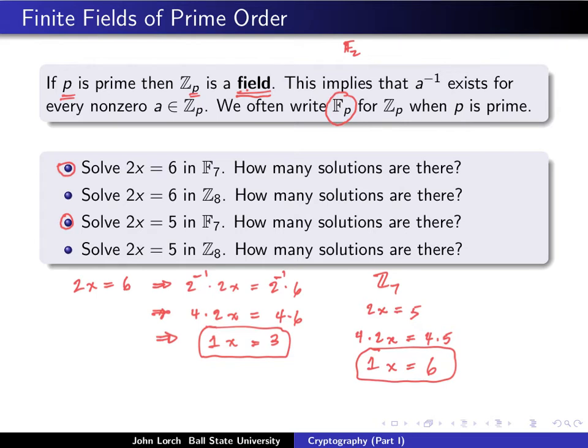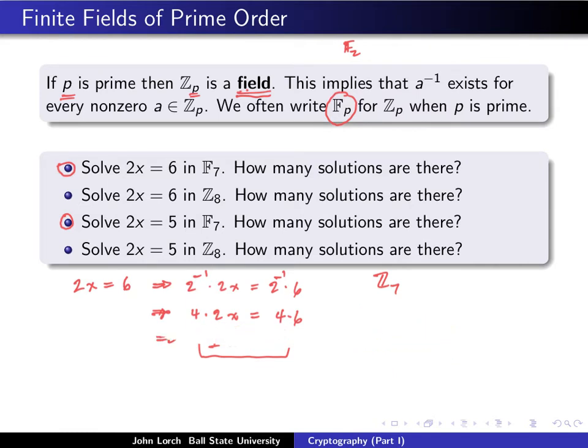The existence of this multiplicative inverse of 2 forces there to be a single solution here. Okay, so we've handled the first and the third bullet point equations. Let's now handle the second and fourth, where instead of working over Z7, we're going to work over Z8. We'll see how that affects us.